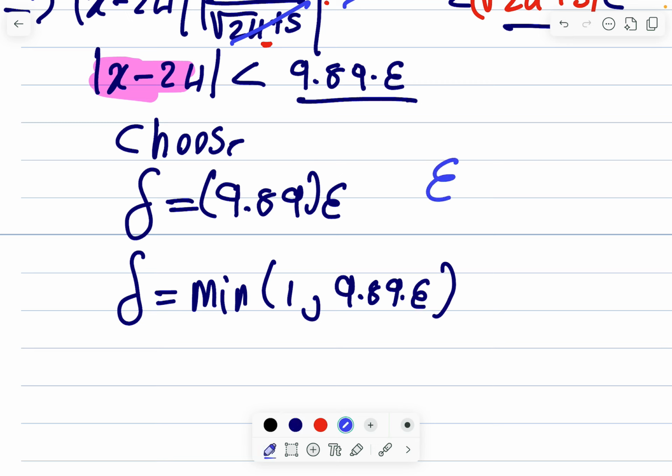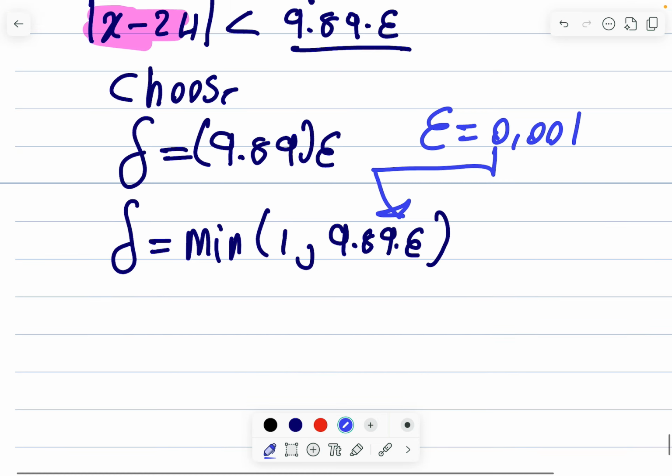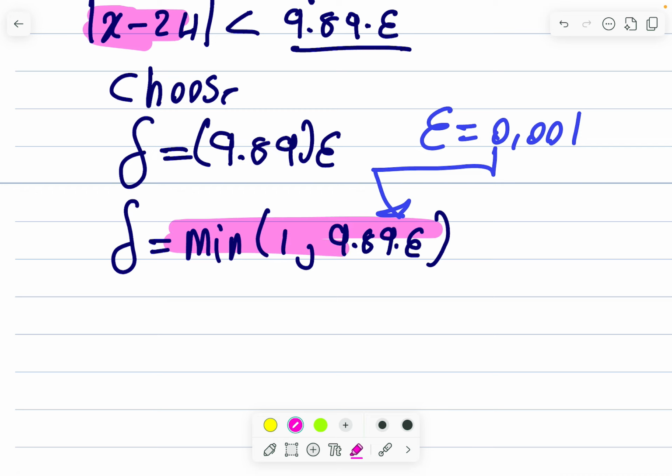So if they give you epsilon as something, you take your epsilon here and substitute your value there, if and only if they gave you. This is how simple this chapter is. Simple and interesting. Thank you for watching.